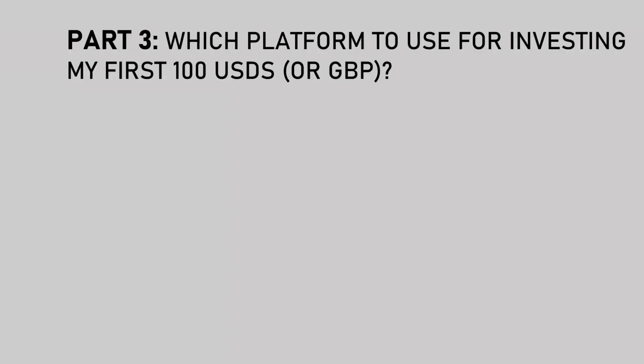And the third question which most of my audience in the UK and USA ask is, which platform can I use to invest my first 100 US dollars or my first 100 Great British pounds? And of course, this amount fluctuates and depends on the financial situation of the people who ask this question.